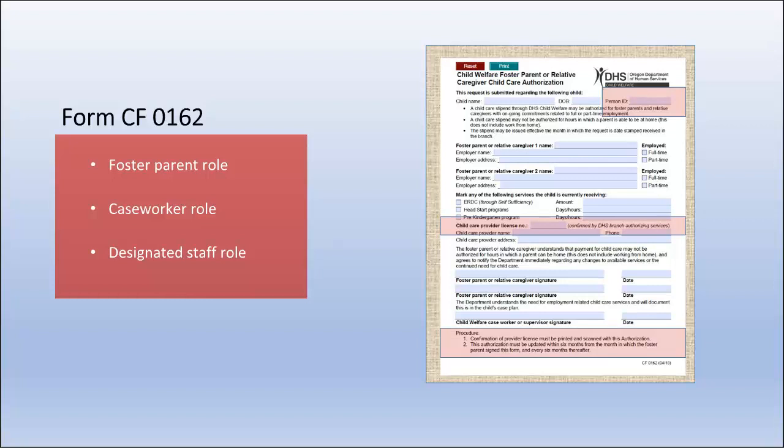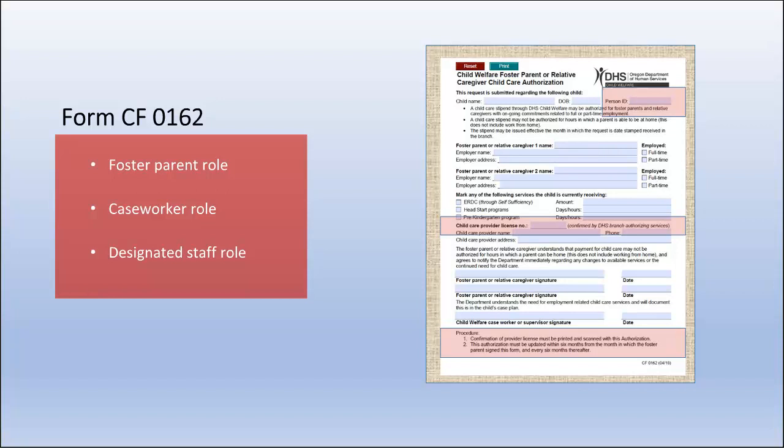And then finally, depending on your branch, we have a designated staff person or persons who complete these roles. That could be a different person or different role in each branch, so we're just going to leave it as designated staff. They want to make sure that the child's person ID out of ORCIDS is on there. That would be the number at the top left of the child's person management page.